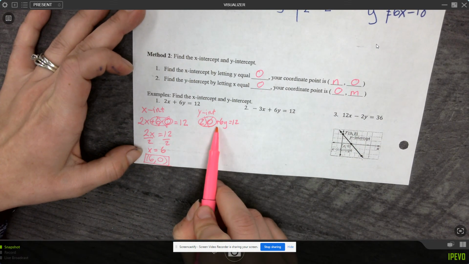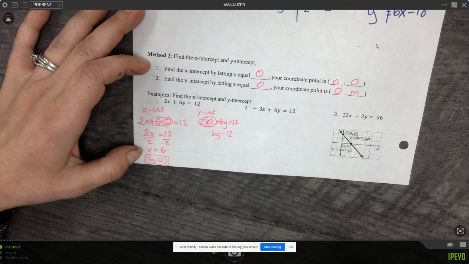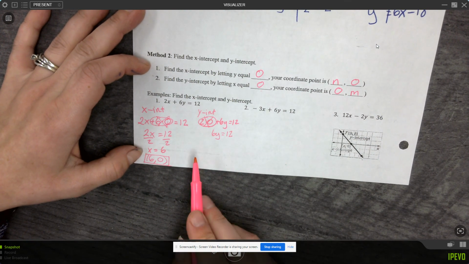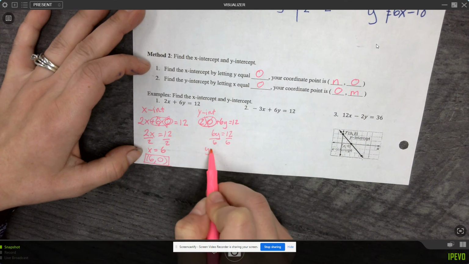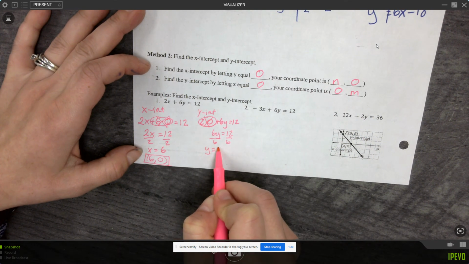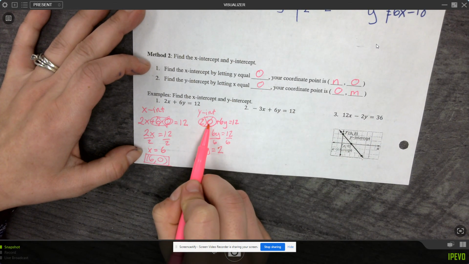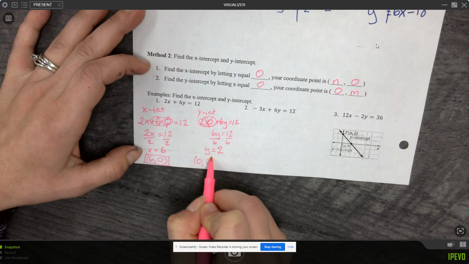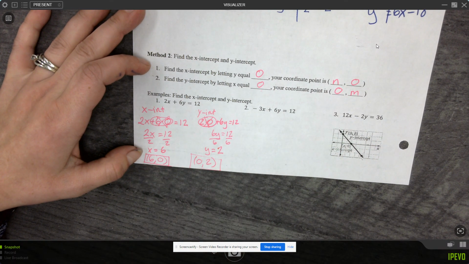Leaves me with a positive 6y equals 12. And then I'm going to solve that equation by dividing by 6. So y equals 12 divided by 6 is 2. So my y-intercept would be 0, because that was my x value, 2. There are my x and y-intercepts of that function.